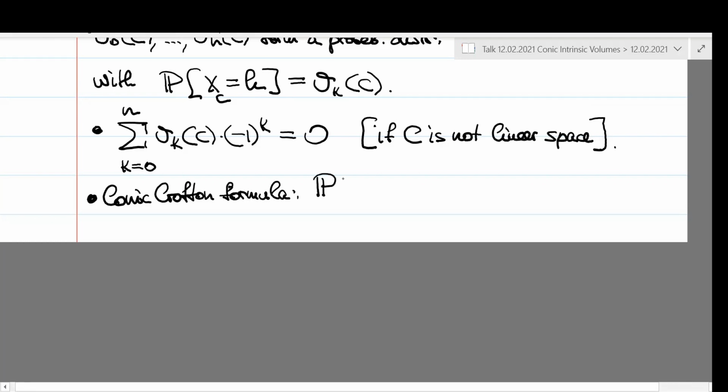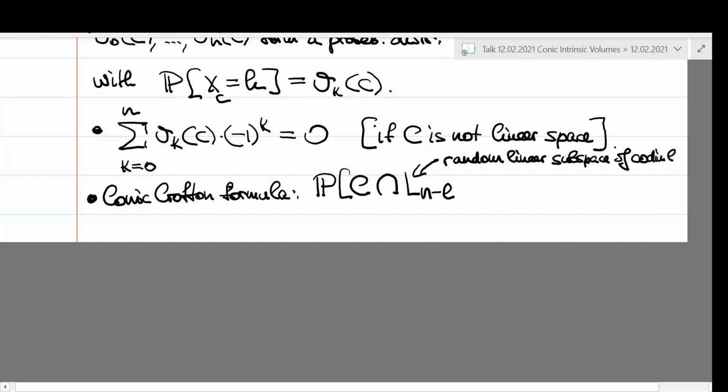The Conic-Crofton formula says the following: if we take a cone and intersect it with a random uniform linear subspace of codimension L, and we want the intersection to be non-zero, then this probability can be expressed through the conic intrinsic volumes.